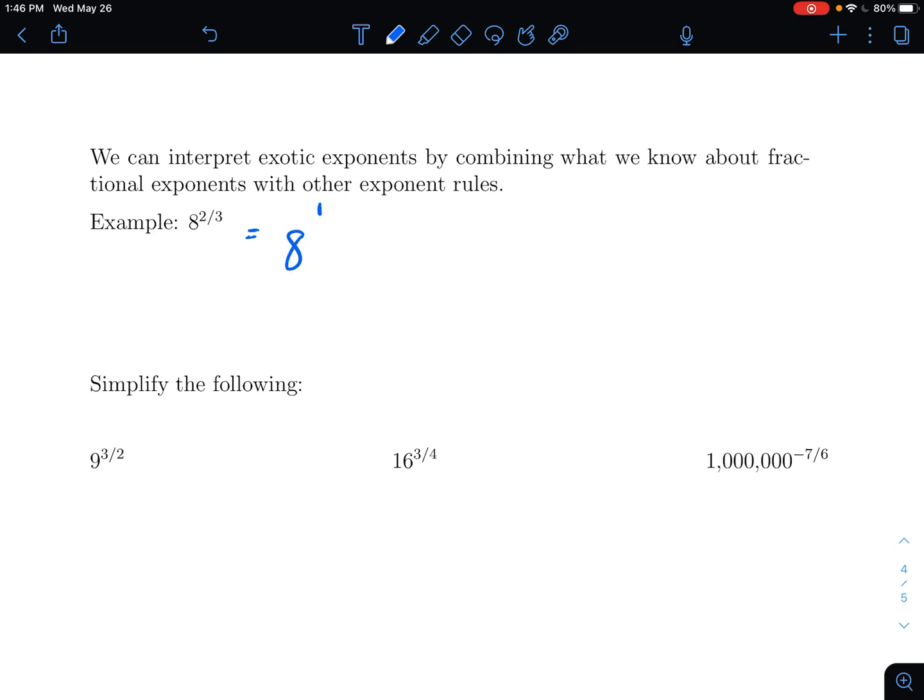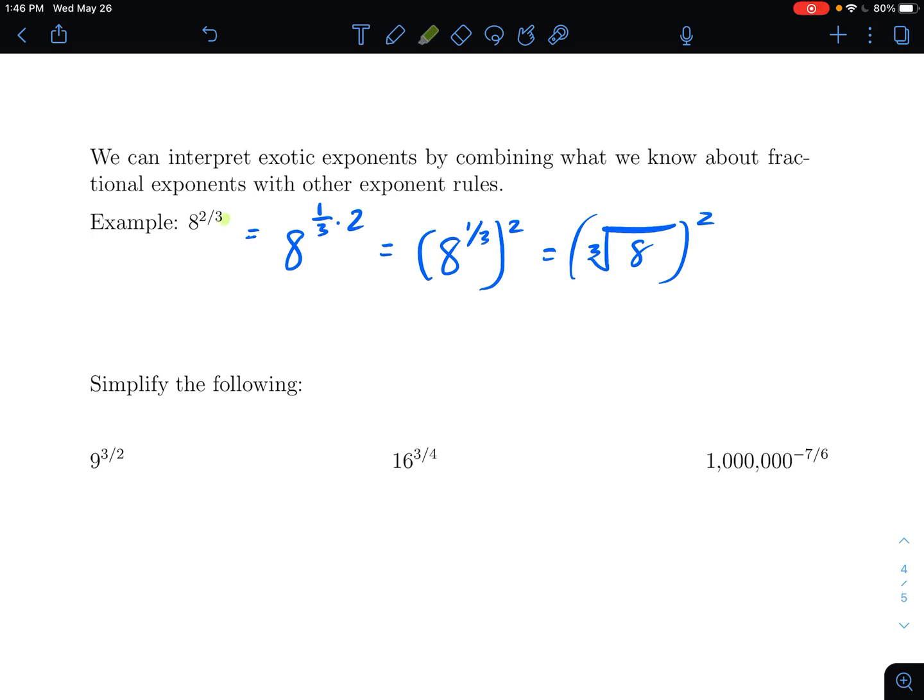I'm going to write 2/3 as 1/3 times 2. And then I'm going to say that's the same as 8 to the 1/3 to the 2nd power. A fractional power like that is a radical. So this is the same as the cube root of 8 raised to the 2nd power.